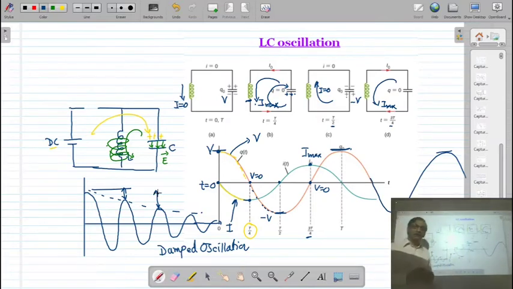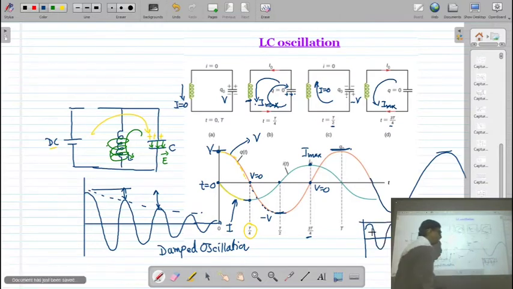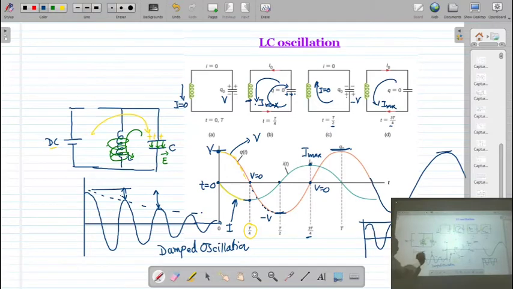But in an oscillator, we want a sustained oscillation. Sustained oscillation means what? That the amplitude must remain constant. So whatever the loss of energy is there, we have to compensate.